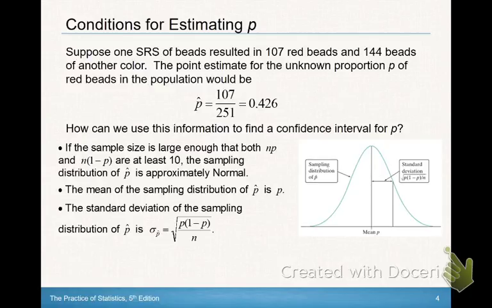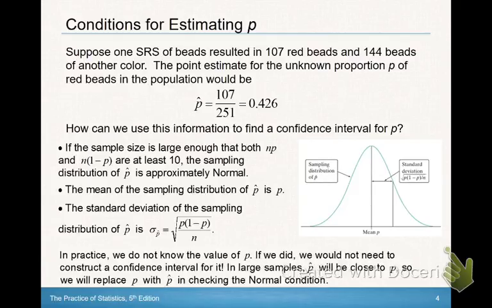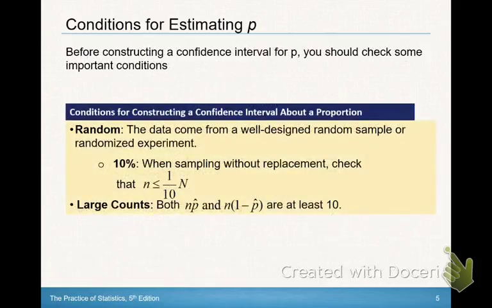So again, remember, we're going back and using what we learned in chapter 7 to do all of this. In reality, we don't know the actual value of p. If we did, we wouldn't need to construct a confidence interval for it. In large samples, p hat will be close to p, so we replace p with p hat when we're checking for the normal conditions.